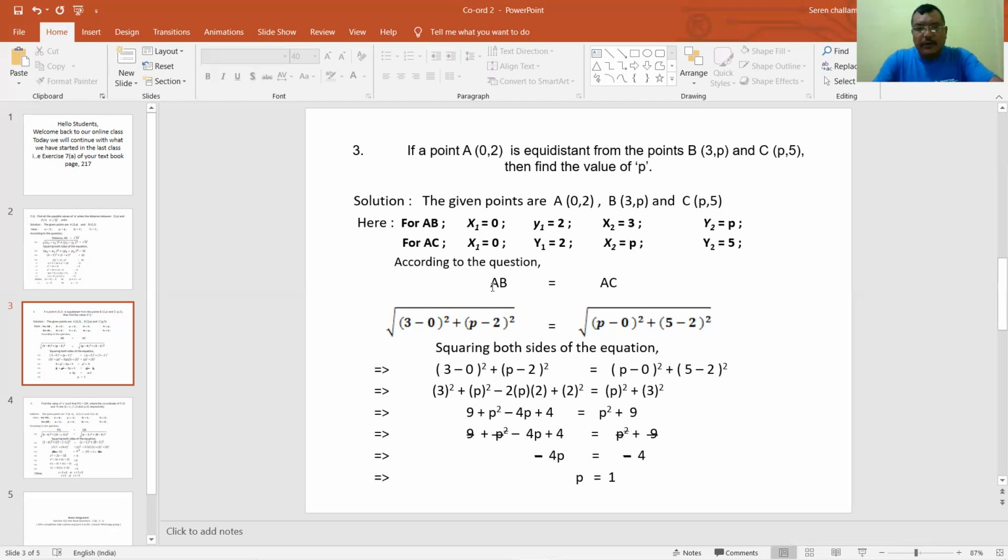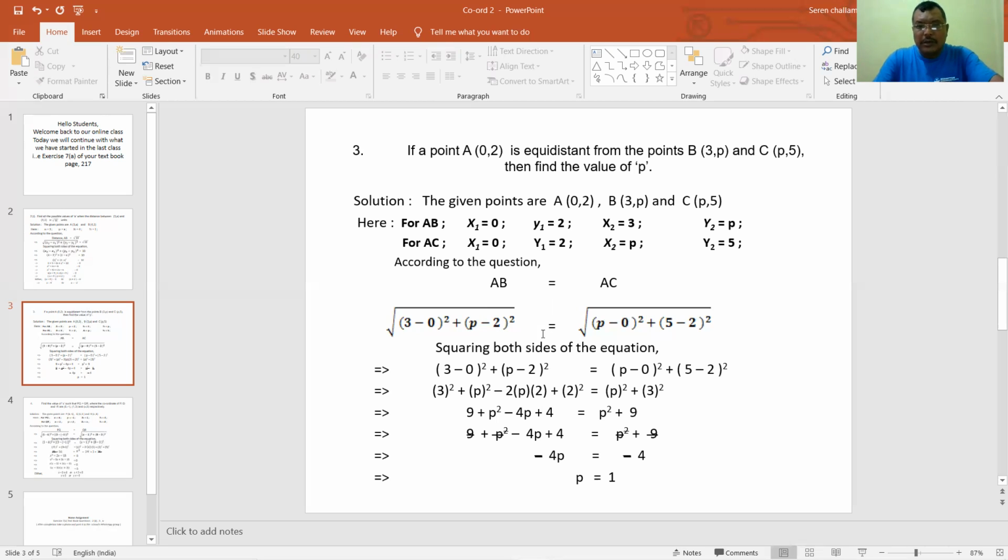So the distance AB, by using the distance formula, is the square root of (x2 minus x1) whole square plus (y2 minus y1) whole square. Now for AB, your x2 is 3 and your x1 is 0, whole square, plus your y2 is p and your y1 is 2, so (p minus 2) whole square.